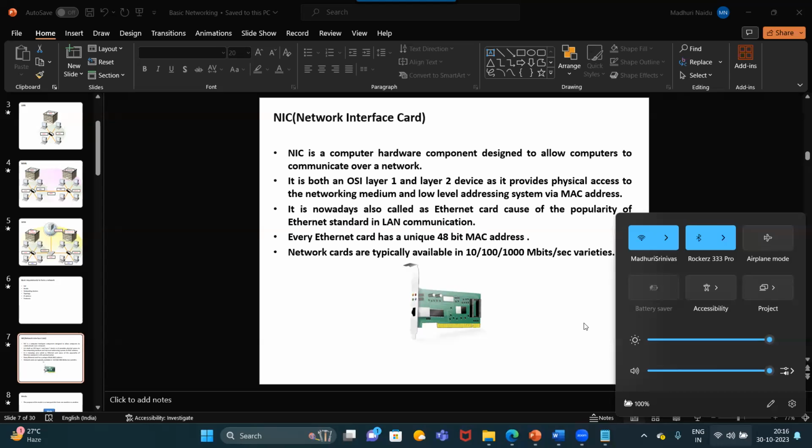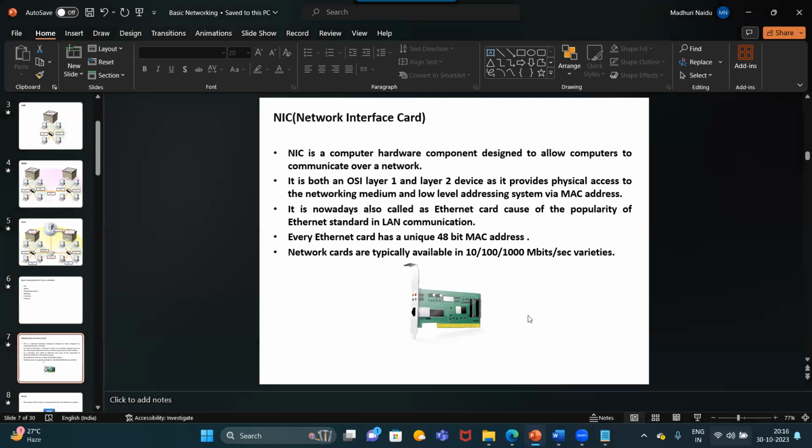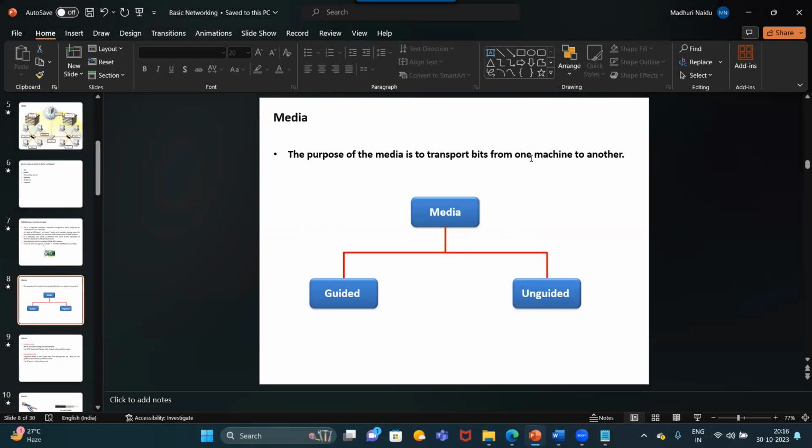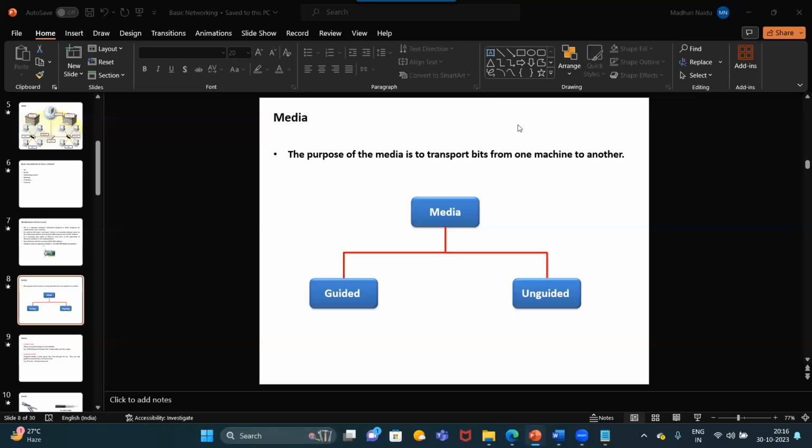So the next basic requirement is media. Data transfer takes place through media. In media, we have two types: guided media and unguided media. Guided media means there is a specific direction to transfer data from source to destination.